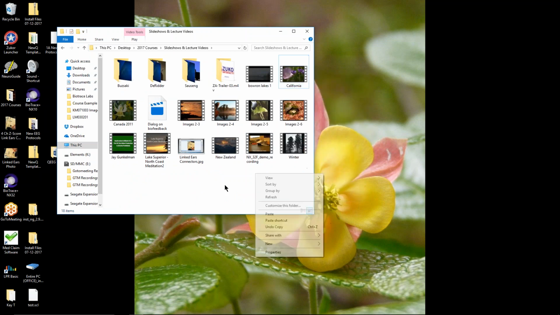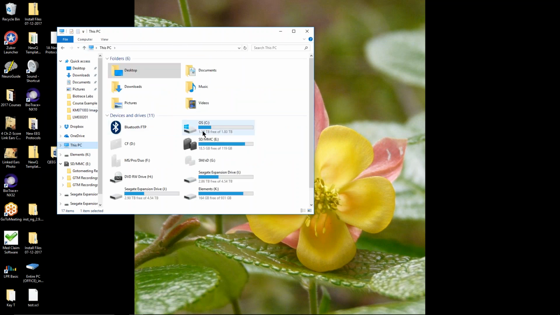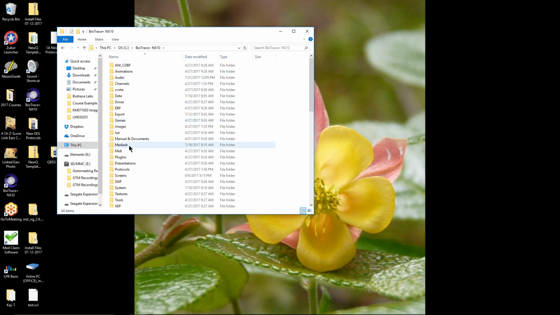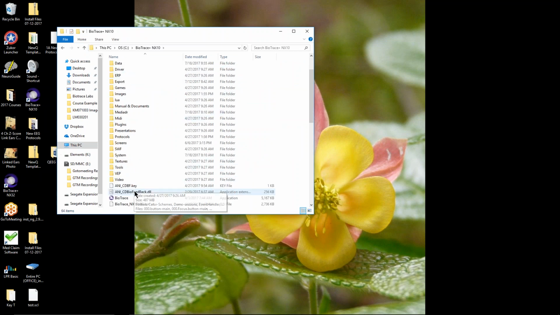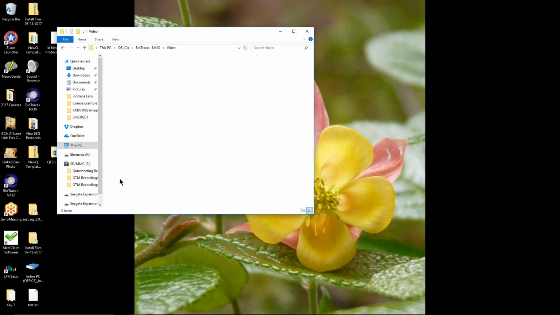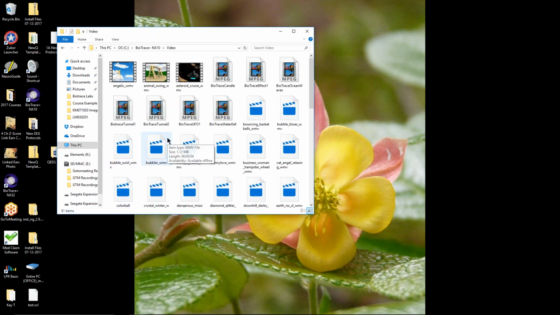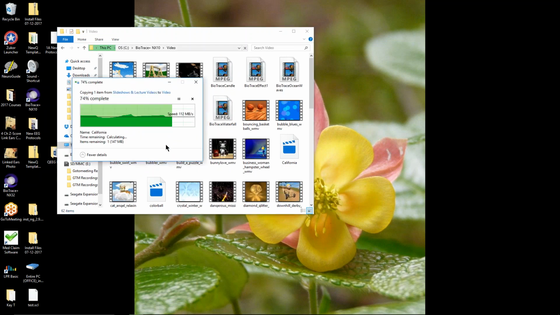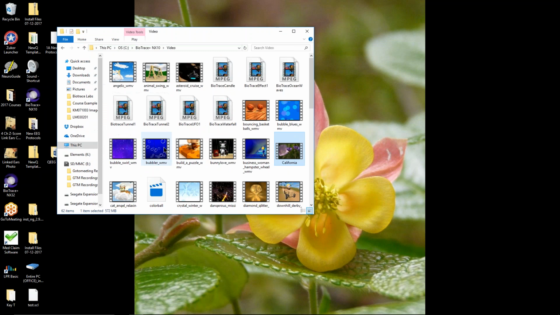Again, you're going to copy that, not a folder, but an actual file, and then navigate back to BioTrace and go to the video folder. So now it's C drive, BioTrace, video. Open the video folder, paste that into the video folder, and now when I go into the video folder in BioTrace, I should be able to see that.